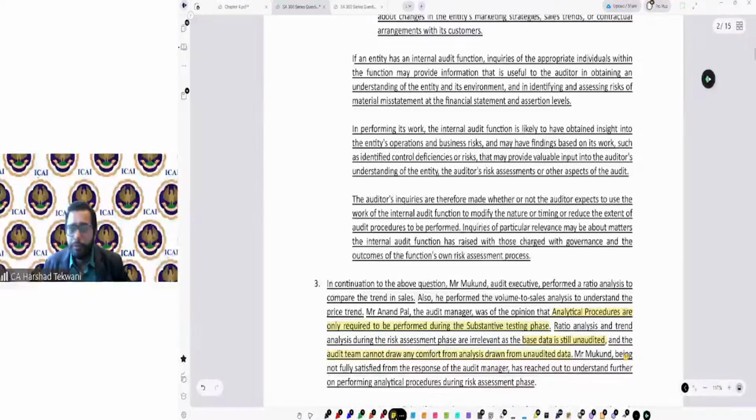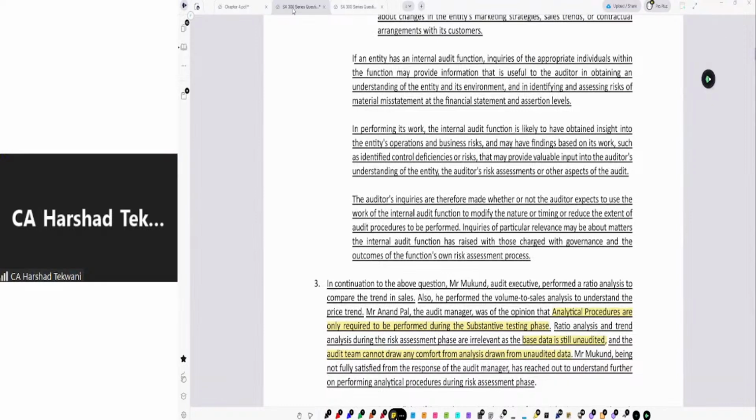What do you think? Can he perform substantive analytical procedures or analytical procedures during the risk assessment phase? What do you think, guys?